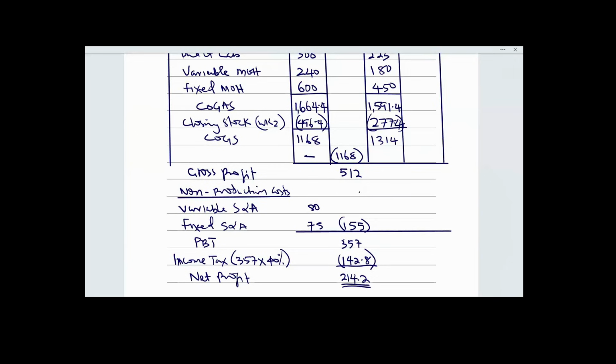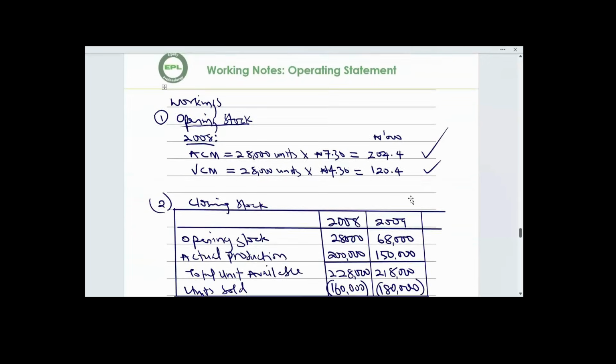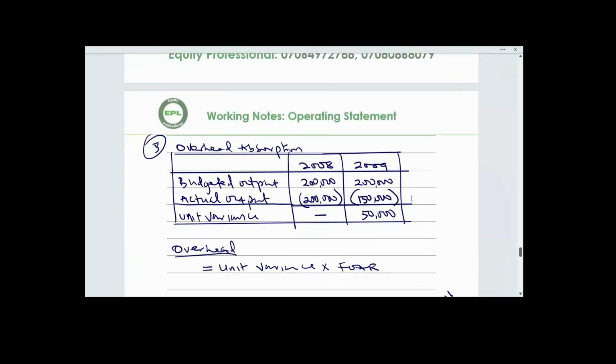Then we consider that in 2009 we have under absorption, and we calculated what? 150,000 under absorption.